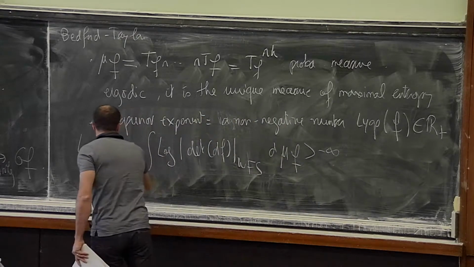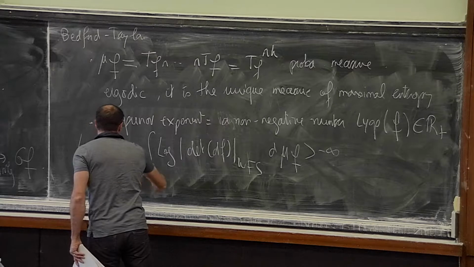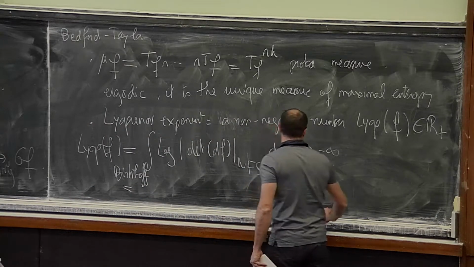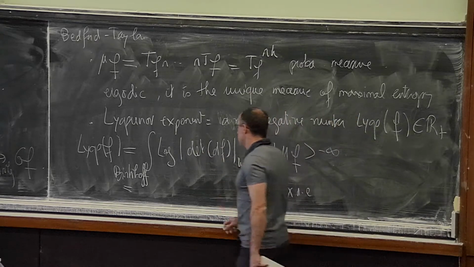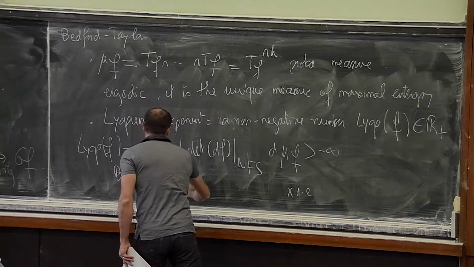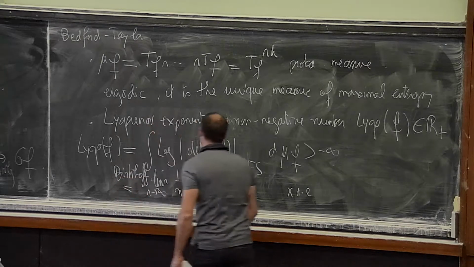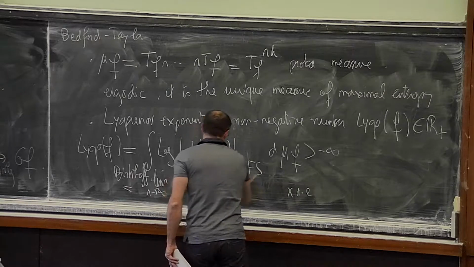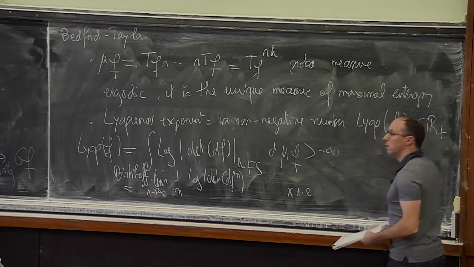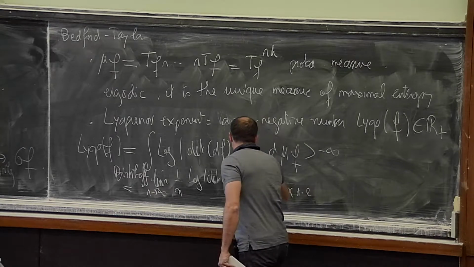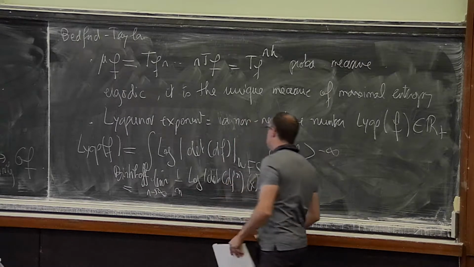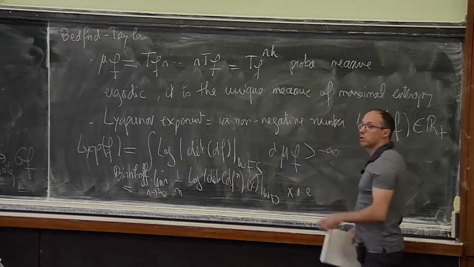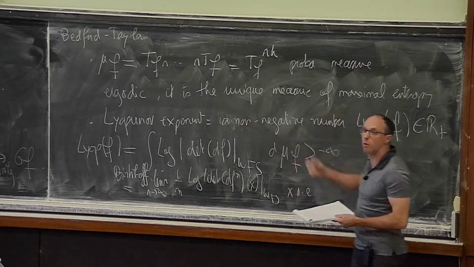And by Birkhoff, for almost every point with respect to this measure, this is equal to the limit of 1 over n, as n tends to infinity, of the log of the determinant of the differential of the nth iterate of f evaluated at this point x. Okay, so this number really computes the local volume expansion of the differential along a generic orbit.